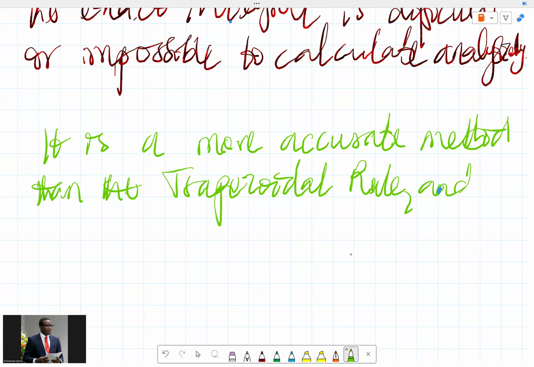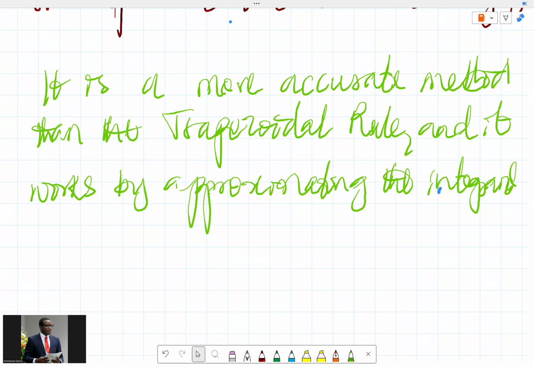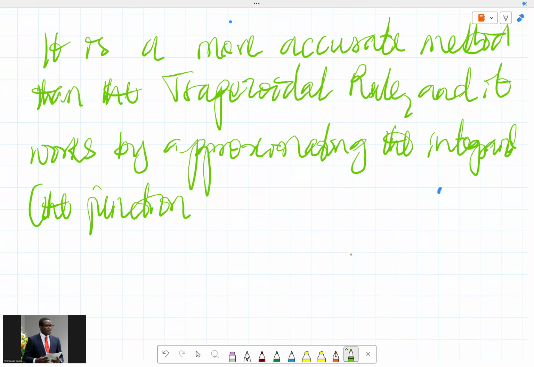And it works by approximating the integrand. The integrand is the function to be integrated.